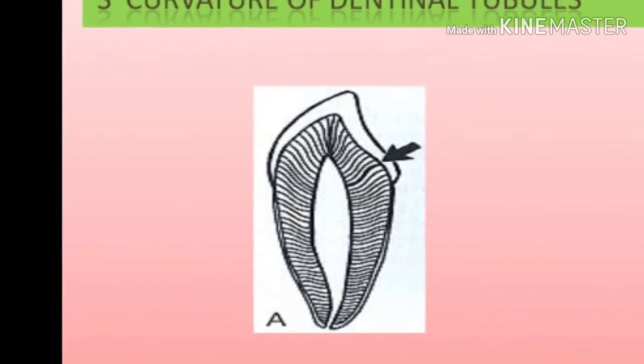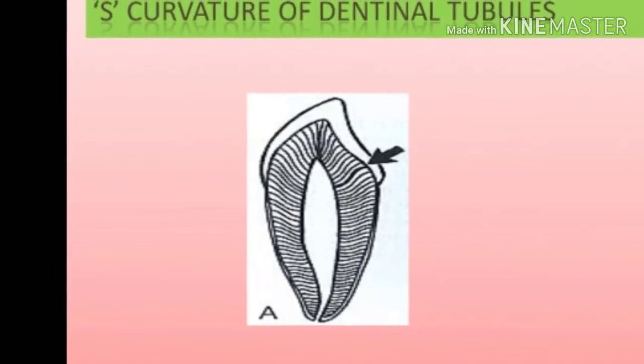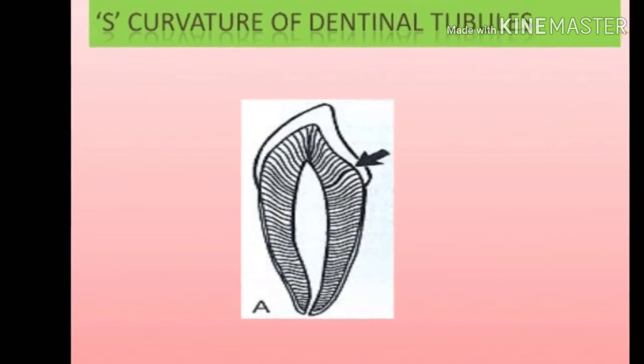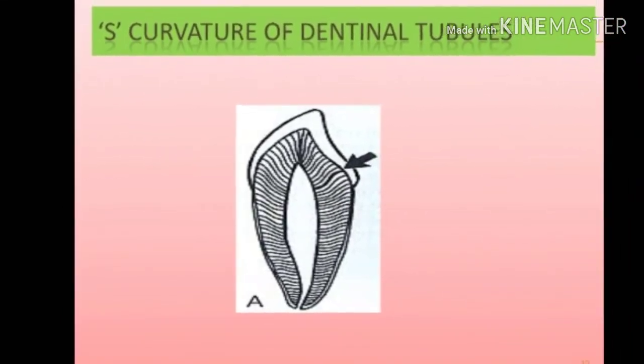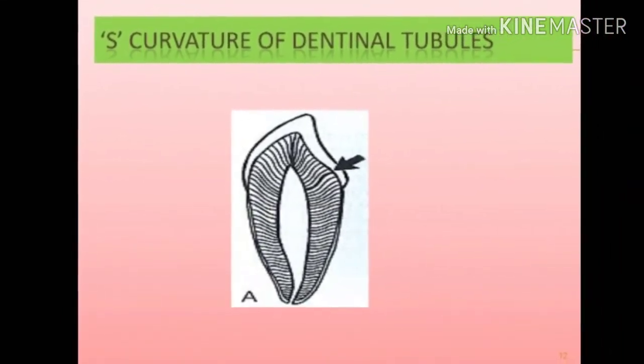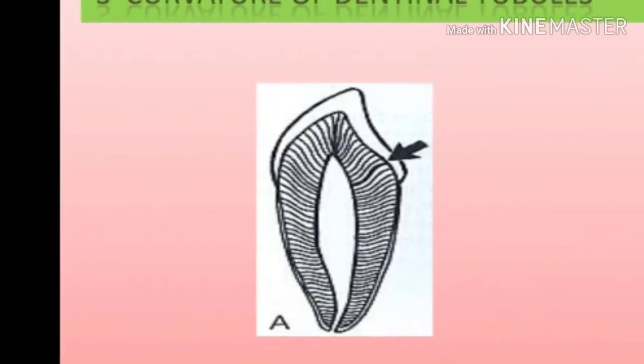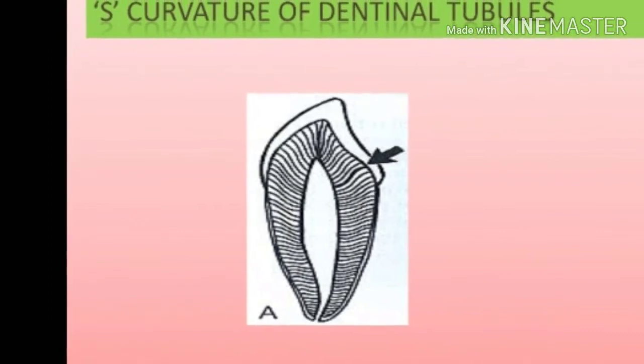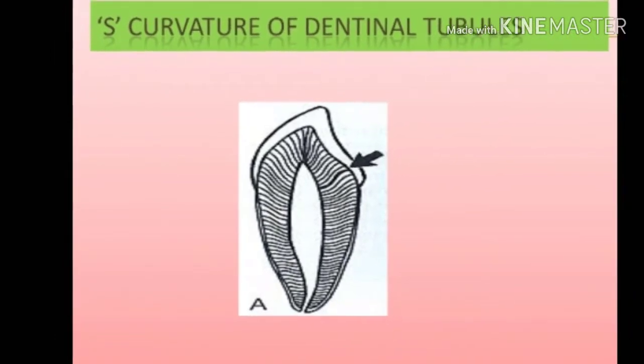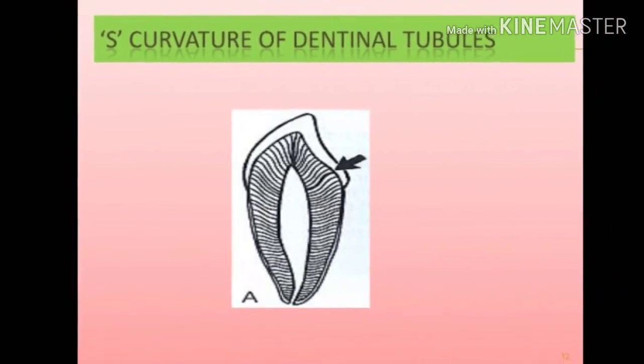The diagram shows the surface curvature of dentinal tubules, following a gentle curve in the crown, less in the root, called the primary curvature. Near the root tip and incisal surface, tubules are straight.